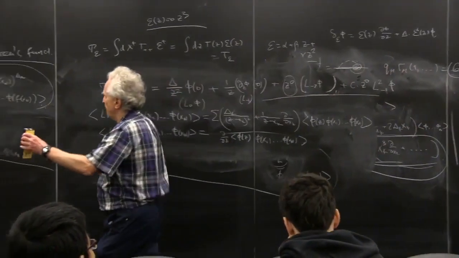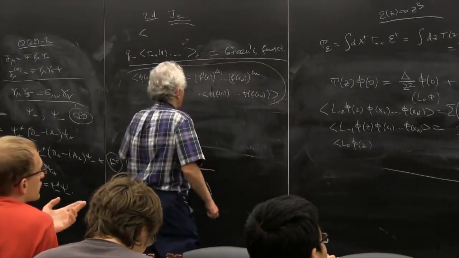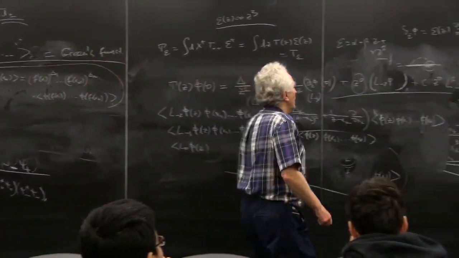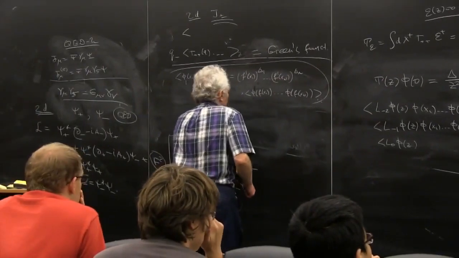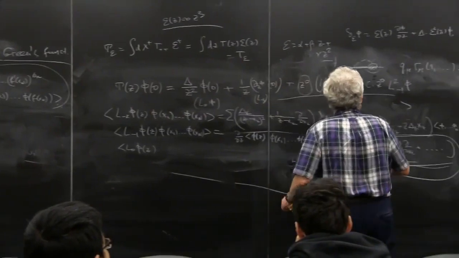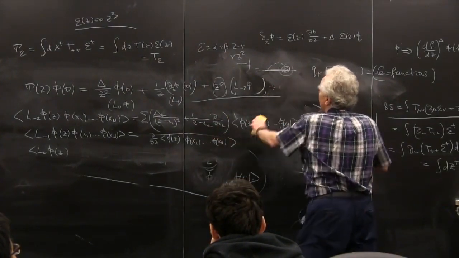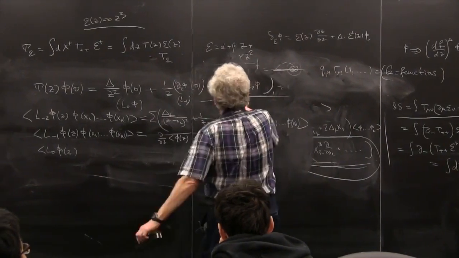But how should we show or prove that we will have L minus 1 squared, and that L minus 1 squared acts as a single operator? I'll tell you. To define, well, first of all, I made a wrong statement here.